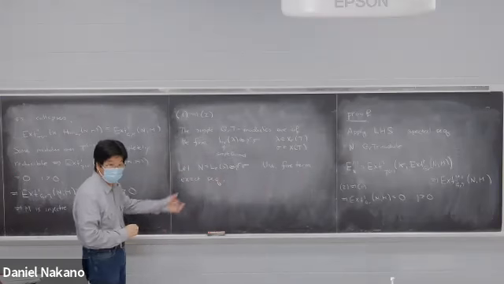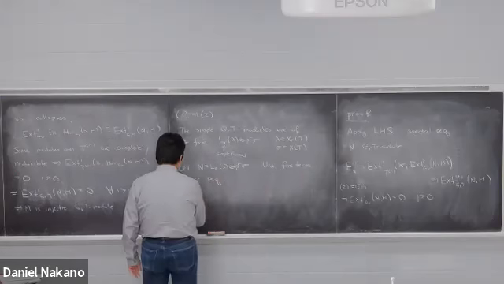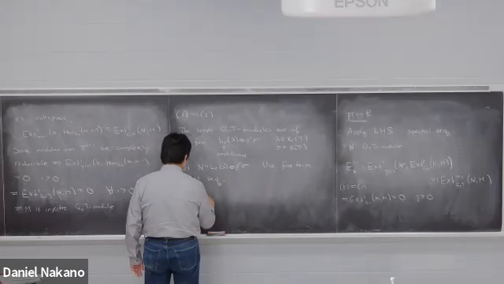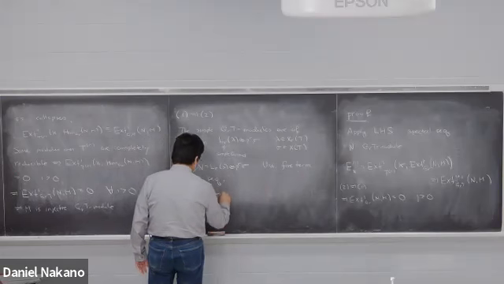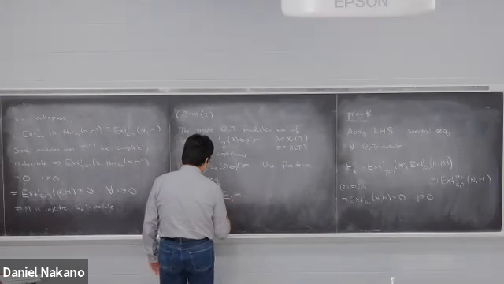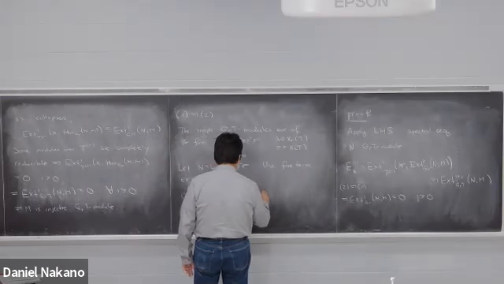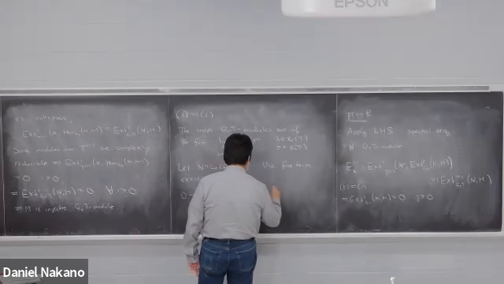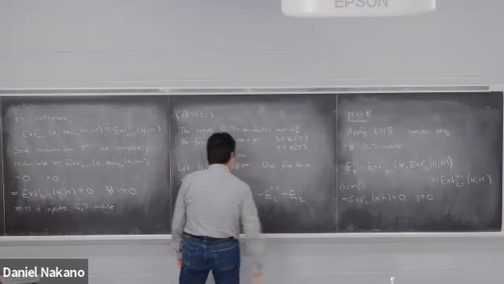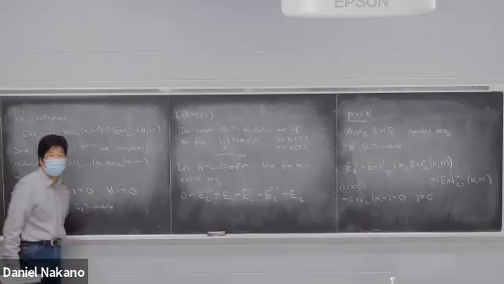So I'll write out the 5 terms. So 0, E2^{1,0}, E^1, and this is going to be equal to E2^{0,1}, and this is going to go to E2^{2,0}, and then E^2. So this is a 5-term exact sequence.